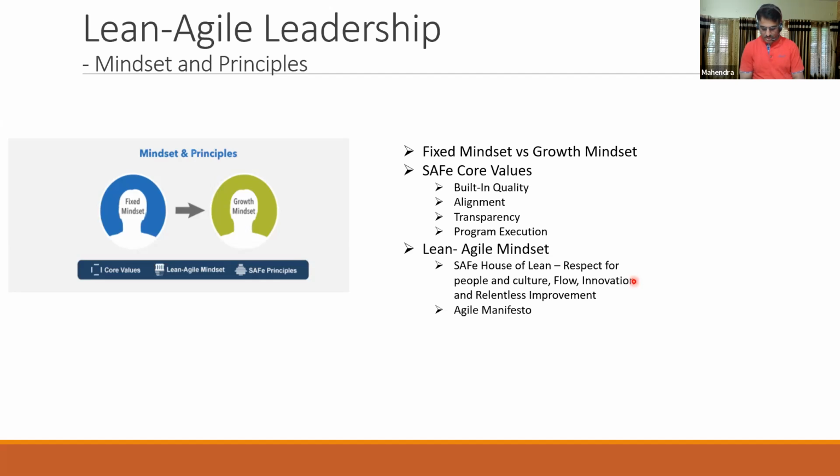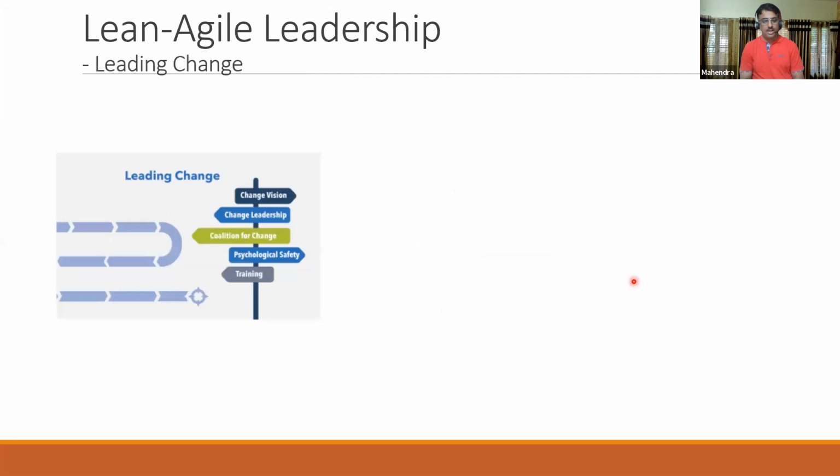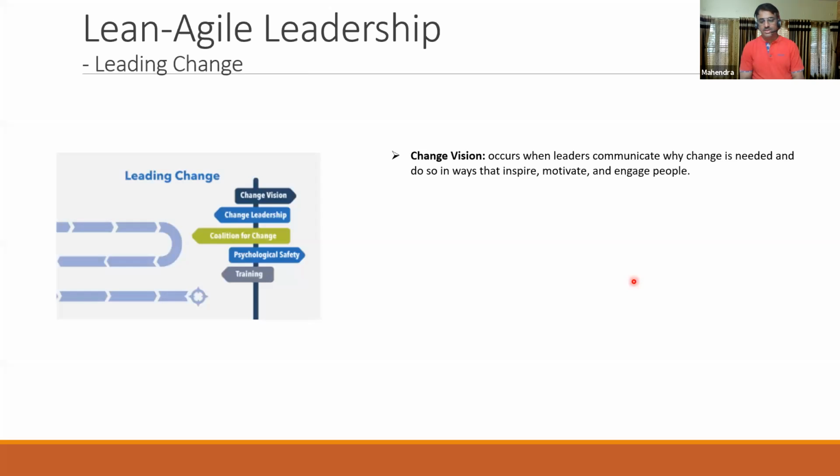So the leaders need to have this lean and agile mindset. And of course, there are 10 SAFe principles, which we'll talk about in the subsequent session. They need to really understand these SAFe principles, and they should be leading the change.